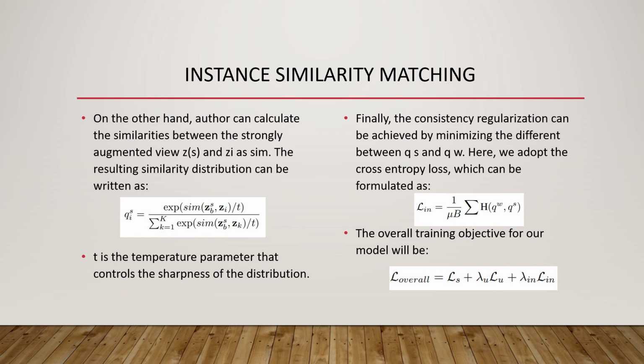Finally, the consistency regularization can be achieved by minimizing the difference between Q_S and Q_W. These are the formulas. And after that, the overall training objective for the model will be L_overall = L_S + lambda_U * L_U.